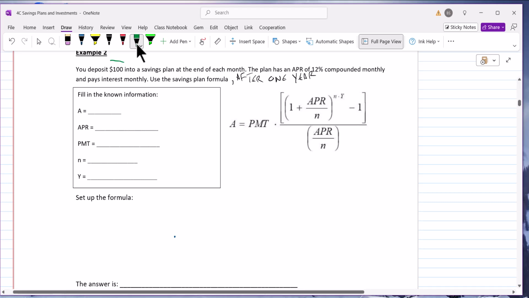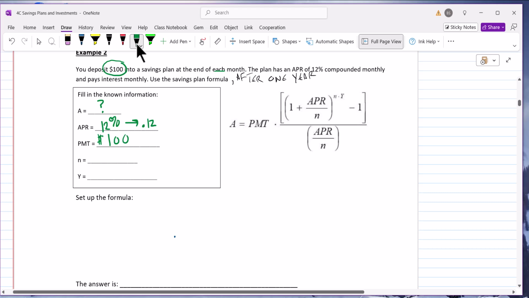You're depositing $100 each month, so that is your payment. You want to write down what everything is equal to. The amount is what we're trying to find in this problem. The APR is 12%, and remember, you need to change that to a decimal, so change that to 0.12.